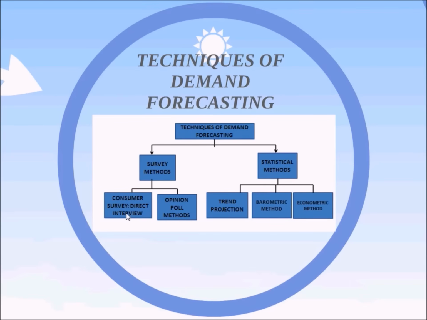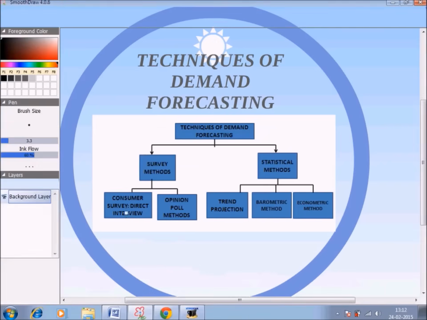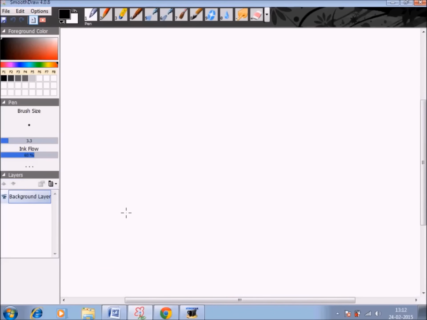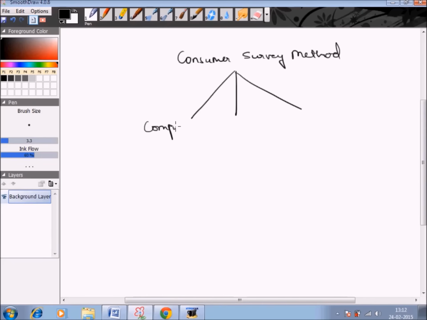Let's first understand what the consumer survey method is. When we talk about the consumer survey method, it can be classified into three categories. The first is the complete enumeration method.